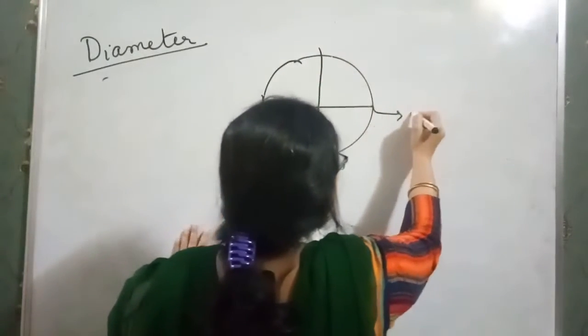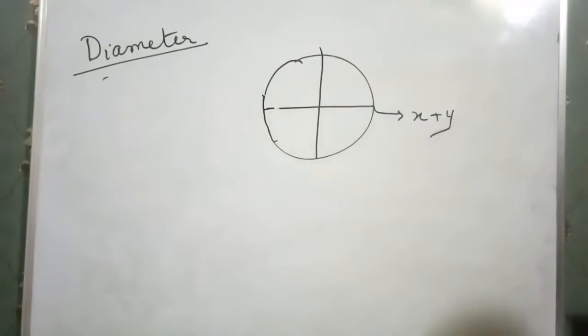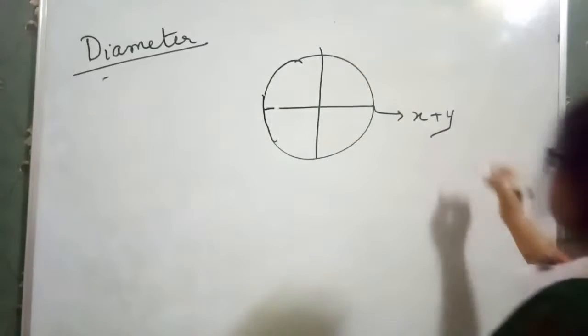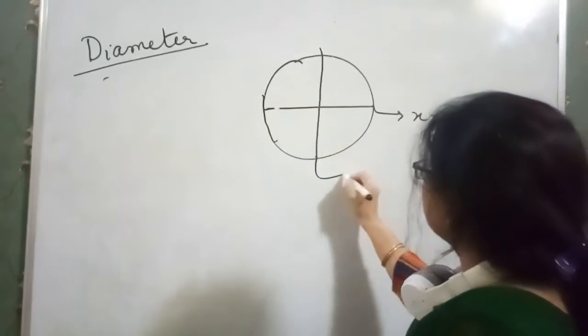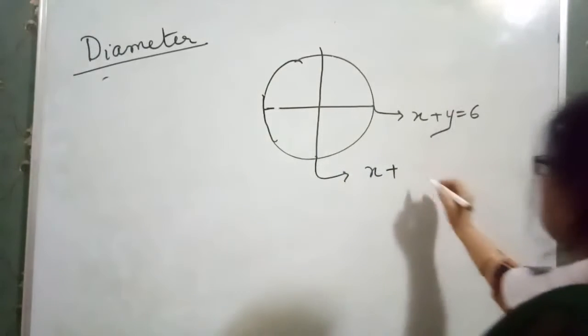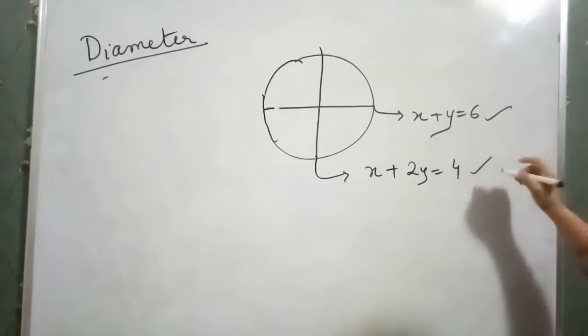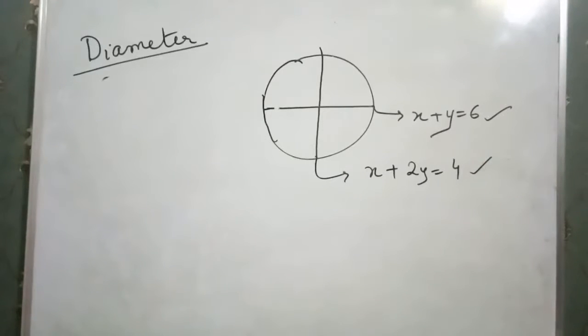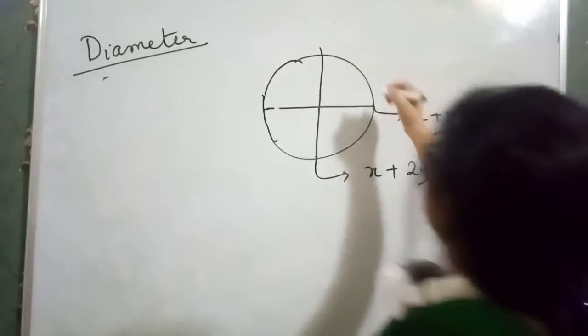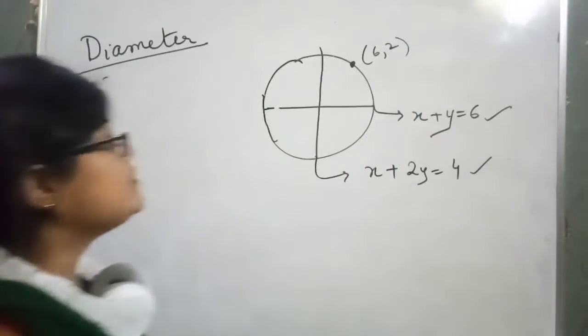I am going to take a question: x plus y is equal to 6, and the other line is x plus 2y is equal to 4. These are the 2 equations of the lines which represent the diameters of the circle, and the circle passes through the point (6, 2). So find the equation of the circle.